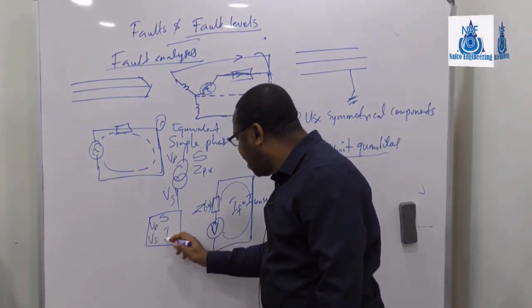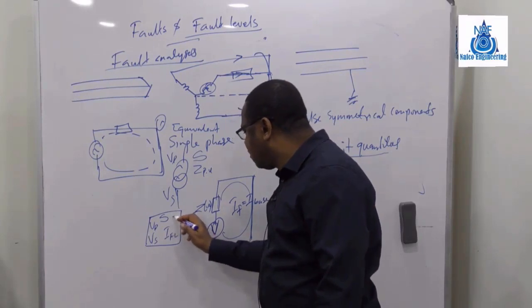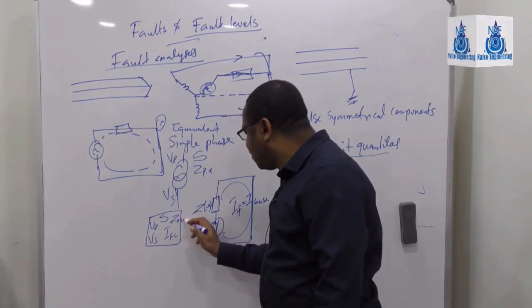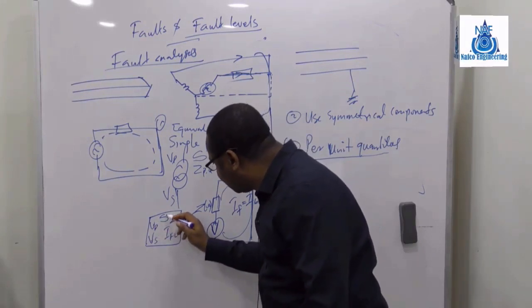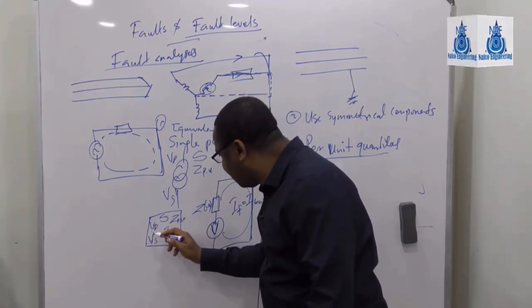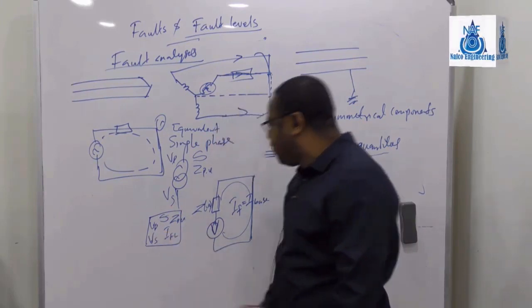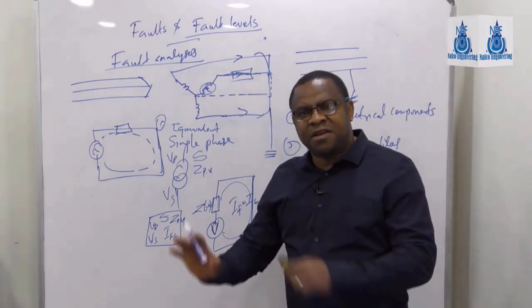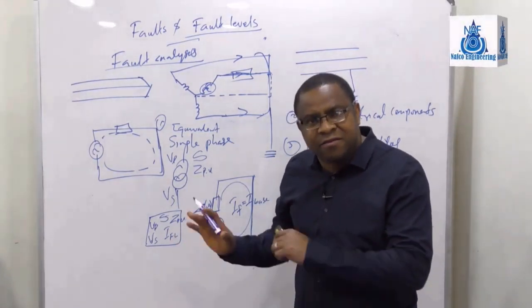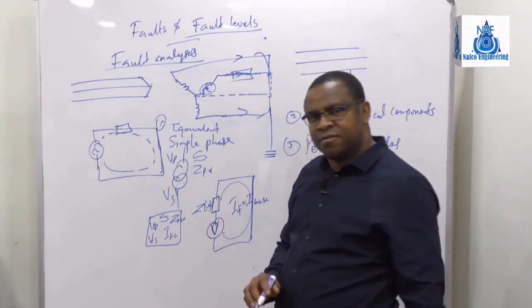You are even going to see the I full load and the Z in per unit. So all these parameters, S, V primary, V secondary, and I full load, are the nameplate rating. That is a base value for this transformer.